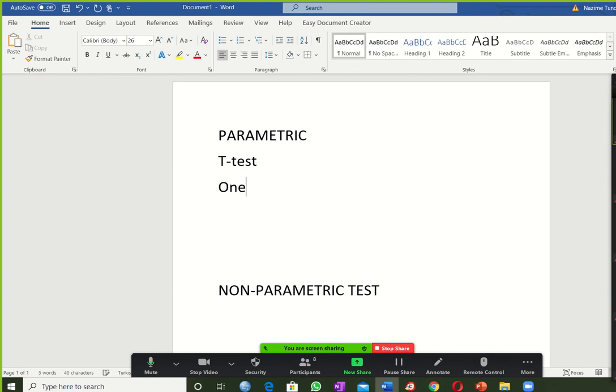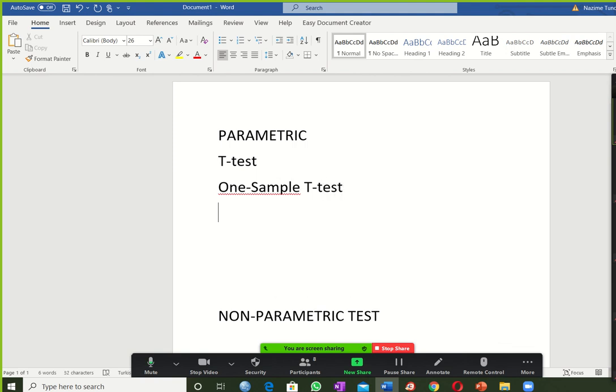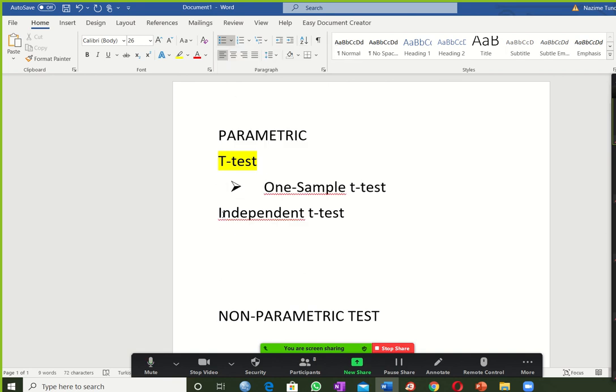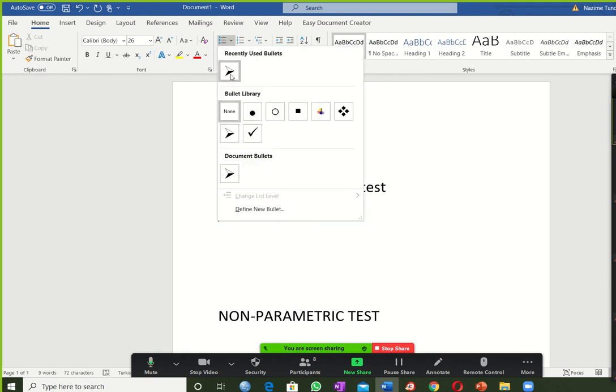One sample t-test, independent t-test, and paired sample t-test. There are 3 different types of tests. I'm going to show you when and how they are used.